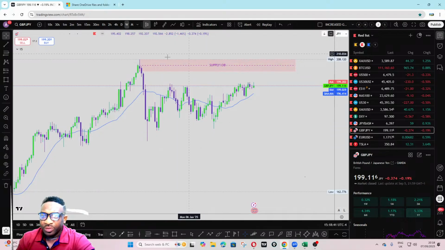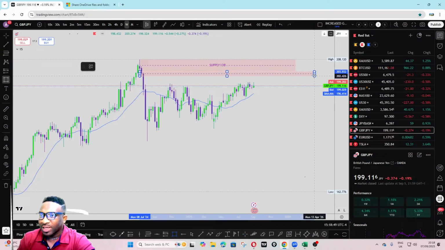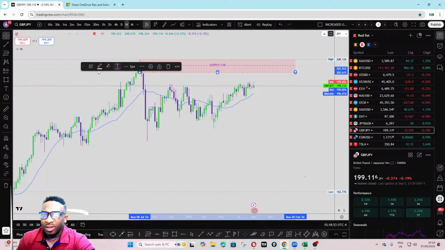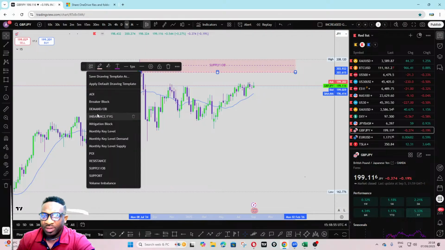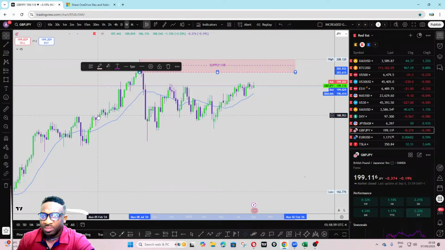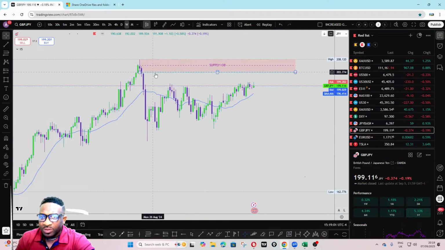Attached to this is also a tiny imbalance attached to this area. I know there's also that big area there, but imbalance. So that makes our zone a valid zone.